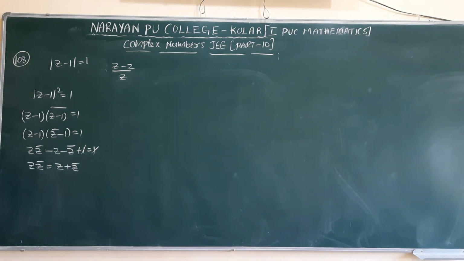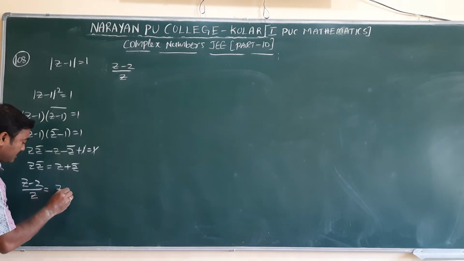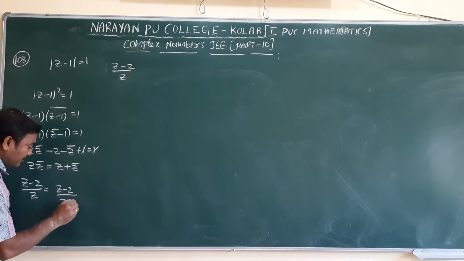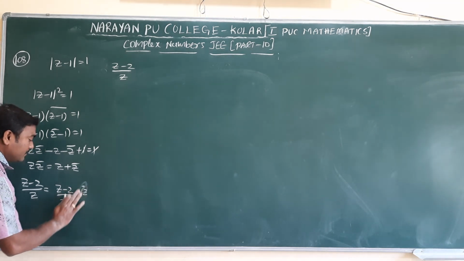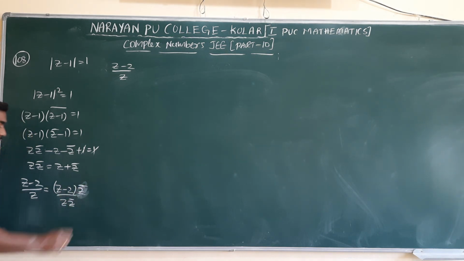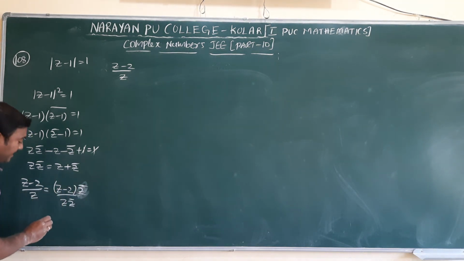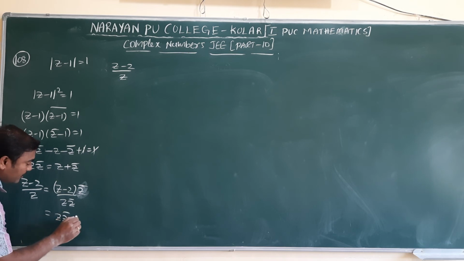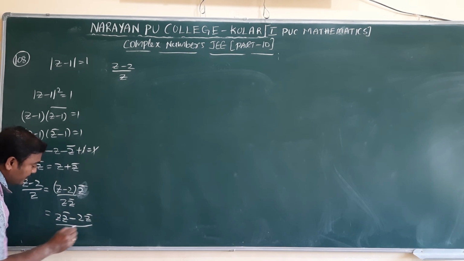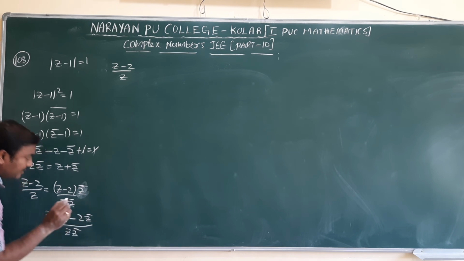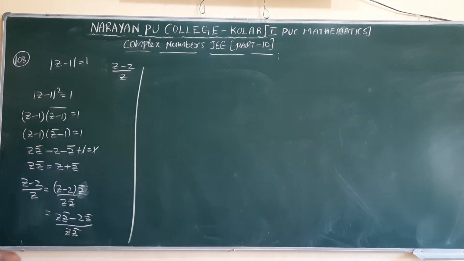Now the expression given is z minus 2 divided by z. Here we divide and multiply by z bar, so we get z minus 2 divided by z into z bar, multiplied by z bar. Now multiply: z into z bar minus 2 into z bar, divided by z into z bar. From equation 1, we know the value of z into z bar is z plus z bar.